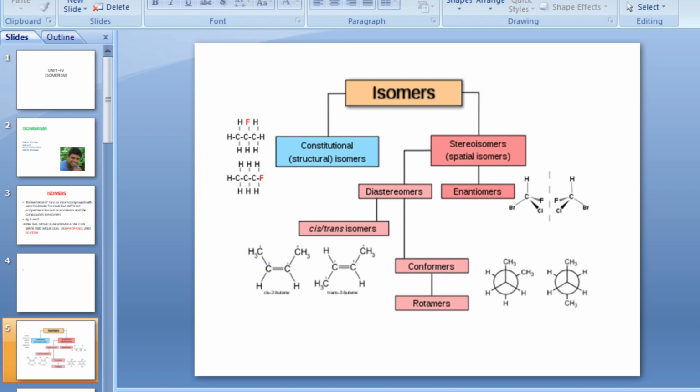By simply changing arrangement of atoms, isomerism that arises is constitutional isomerism. This is otherwise referred as structural isomerism. Arrangement of atoms or group of atoms, if differed, then the isomerism that is arising is referred as constitutional isomerism.